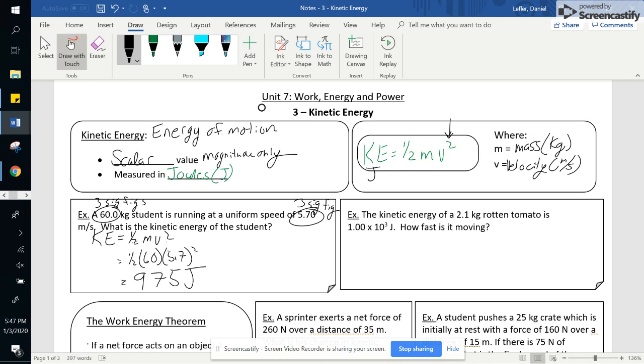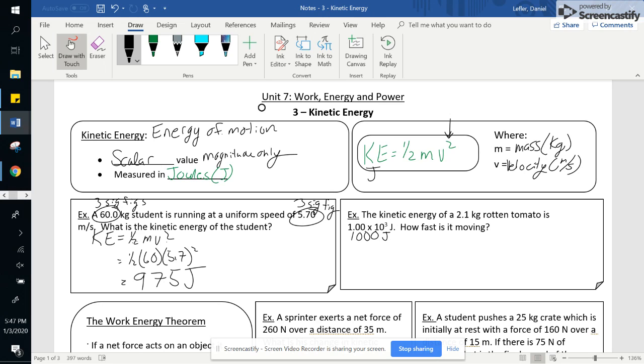For the next one, the kinetic energy of a 2.1 kilogram rotten tomato is 1.00 times 10 to the third, or 1,000 joules. So I want to know how fast it's moving. So now we're finding its velocity.